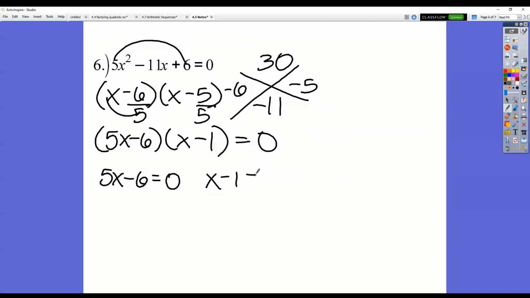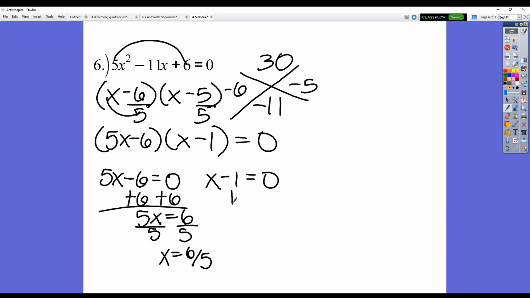Set both your factors equal to 0 and solve for x. Add 1, x equals 1.